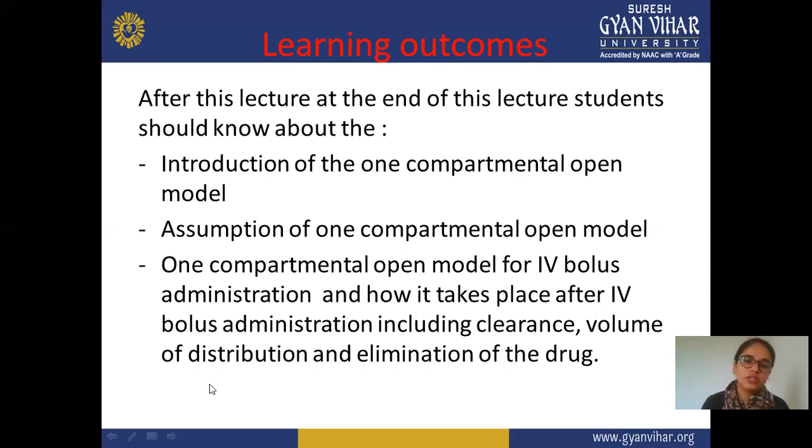Next, how the one compartmental open model takes place after IV bolus administration, including clearance, volume of distribution, and elimination of the drug. These parameters of volume of distribution we already covered. You should know these parameters, including the equation, why you write it, and which condition affects the particular drug. So these are the learning outcomes.